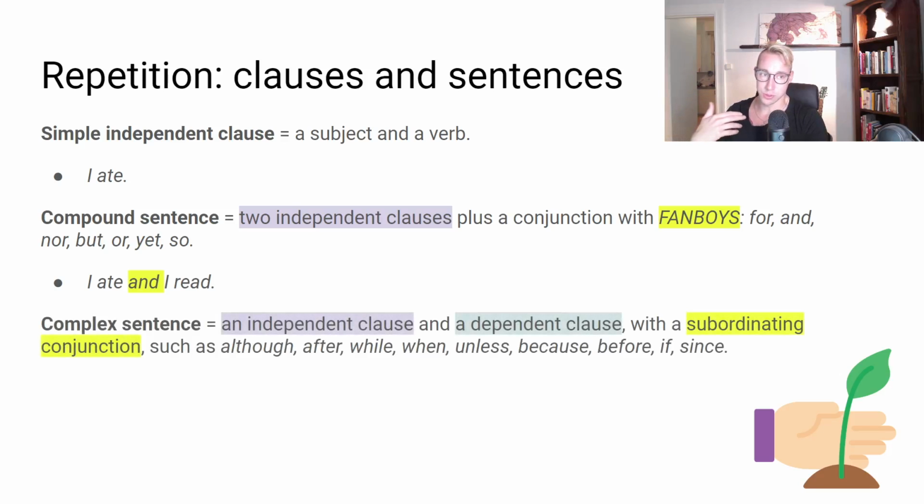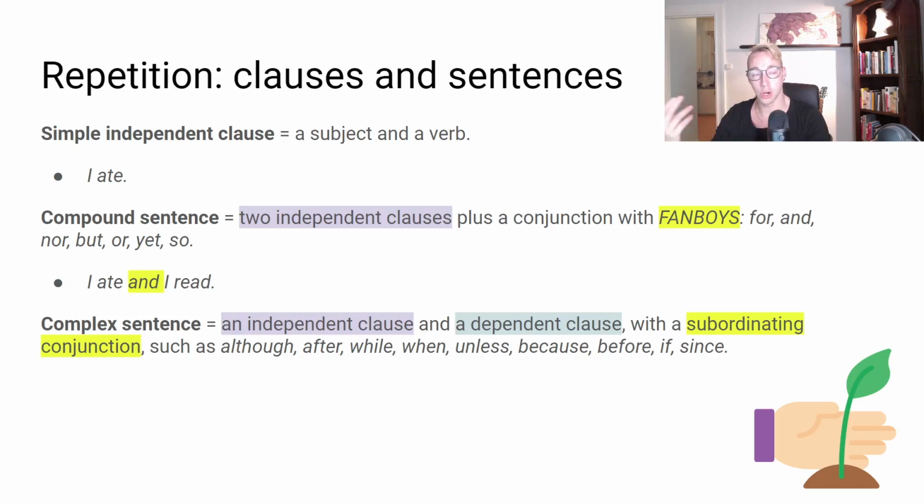Also, because you want to vary your language, you want to become even more advanced, you also want to use what's known as a complex sentence. And a complex sentence uses one of those independent clauses, the one we just saw right before this, I ate in this case, and then you want to connect it with what is known as a dependent clause. And a dependent clause cannot be standalone. That's why it's called dependent.